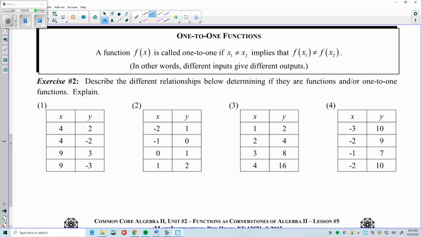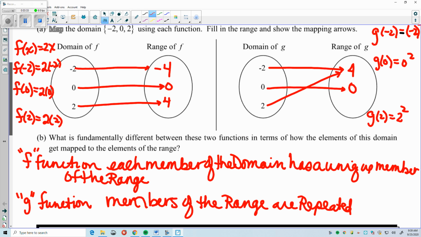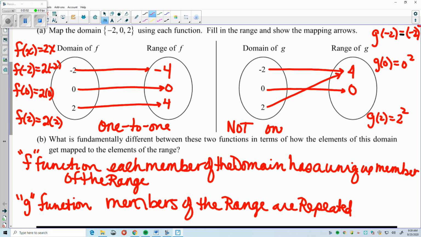If I look up above, I need different inputs giving different outputs. That means our first function, where different inputs give different outputs, is a one-to-one function. Back up here, I have different inputs giving the same outputs, so I would have to say that this is not one-to-one.